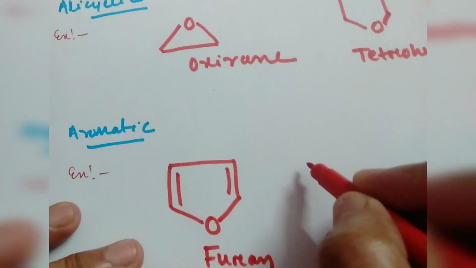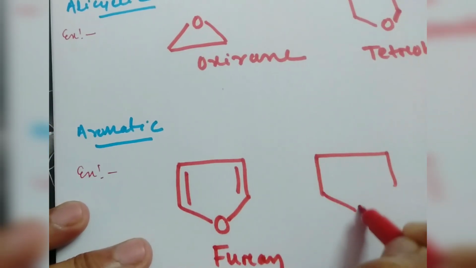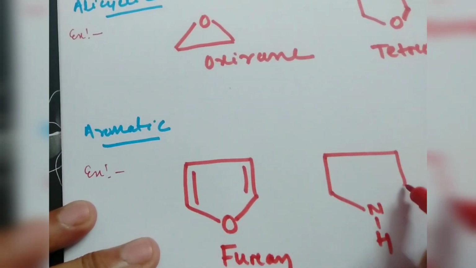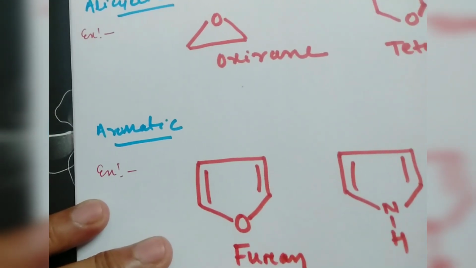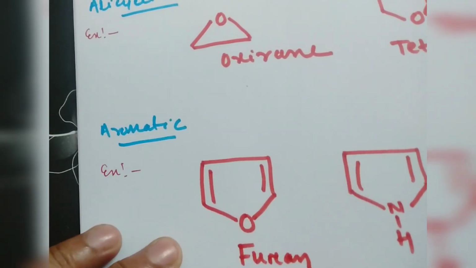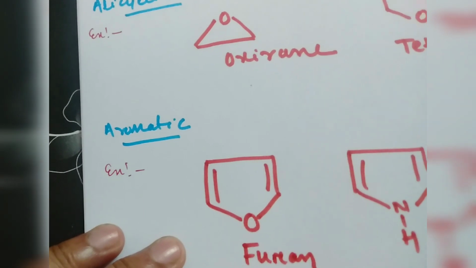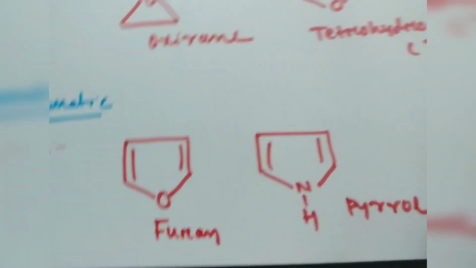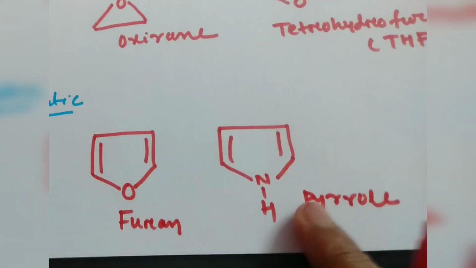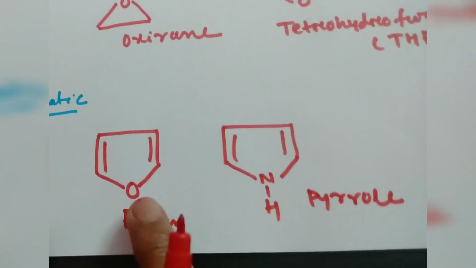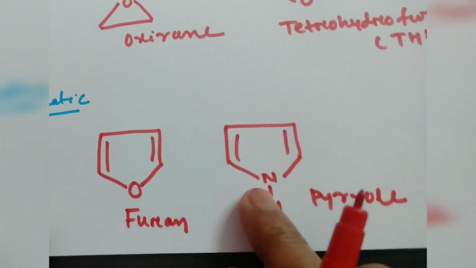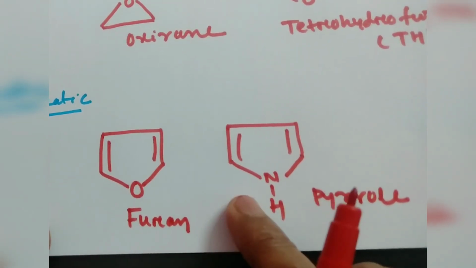Similarly, you can write pyrrole also. So these are the aromatic compounds having a heteroatom at one corner. So, heterocyclic aromatic compounds.